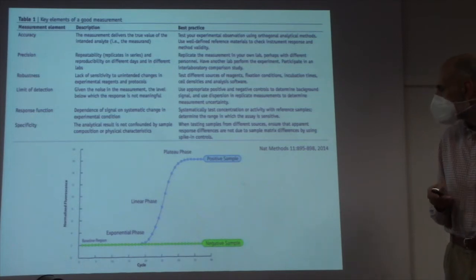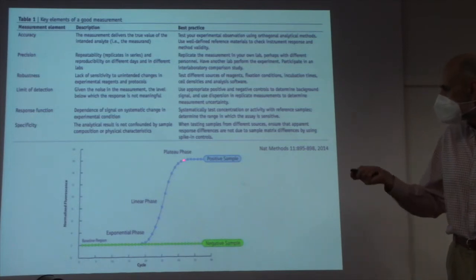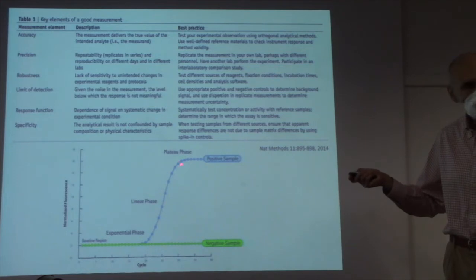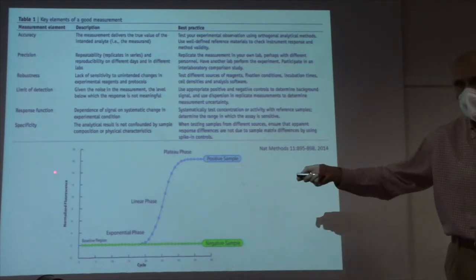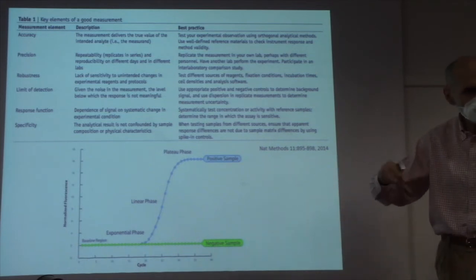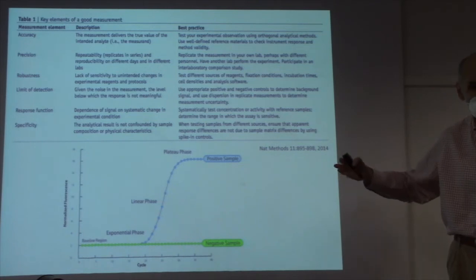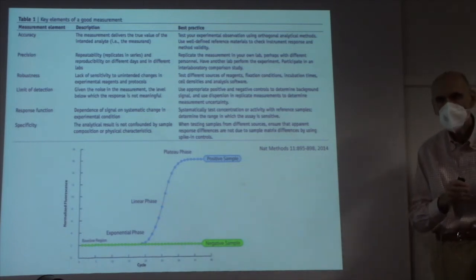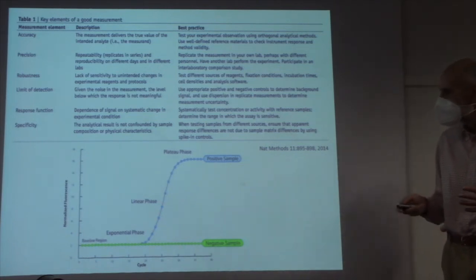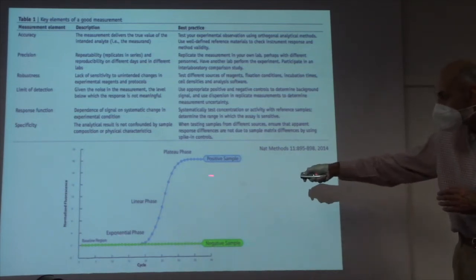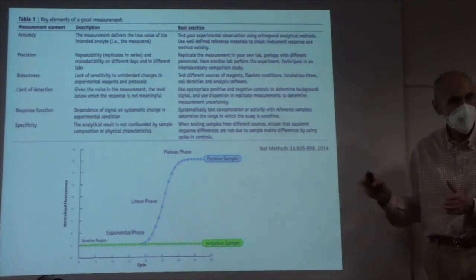Similarly, in this phase here, you should not detect that there is this much material in the starting solution. There might be much more, but you aren't able to read it. So make sure that you are within, in this case, and not necessarily in other cases, the linear range of your instrument.